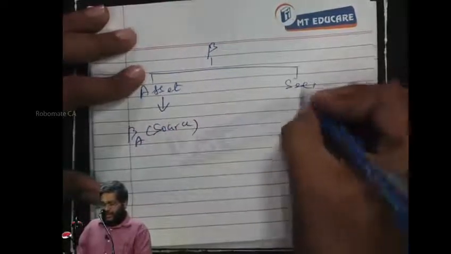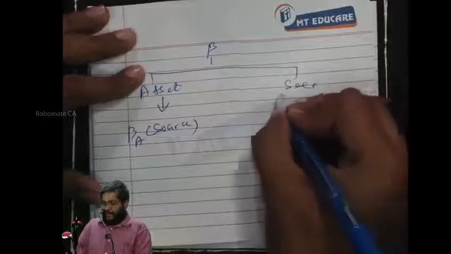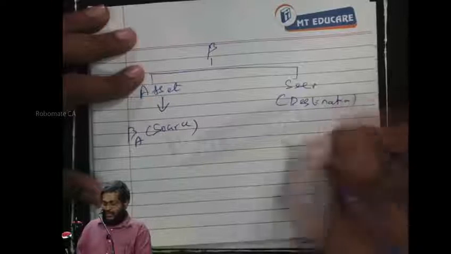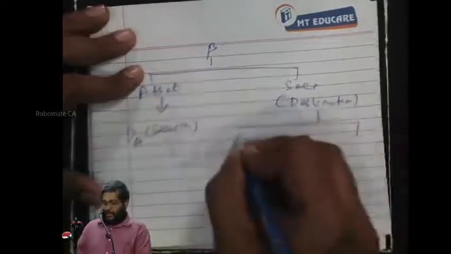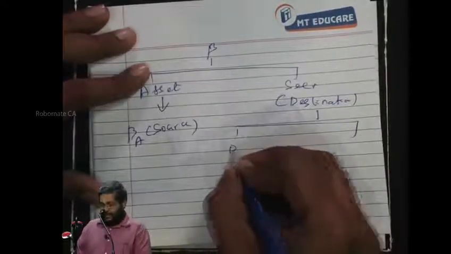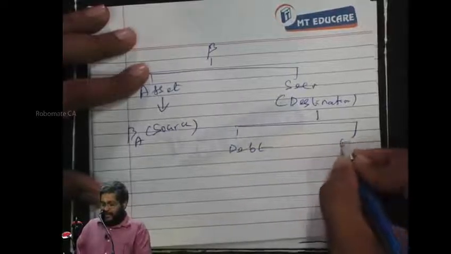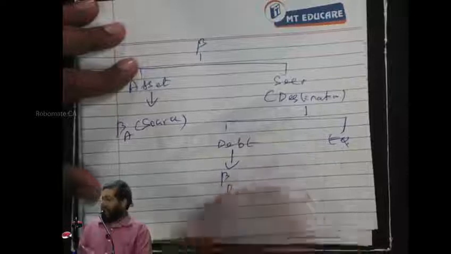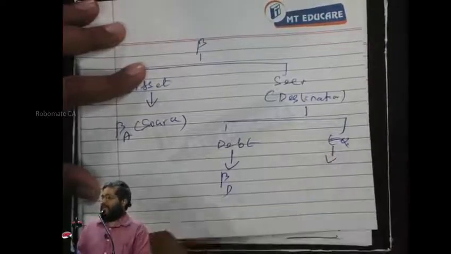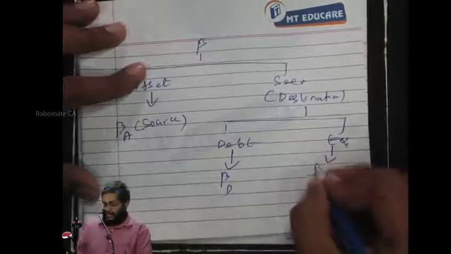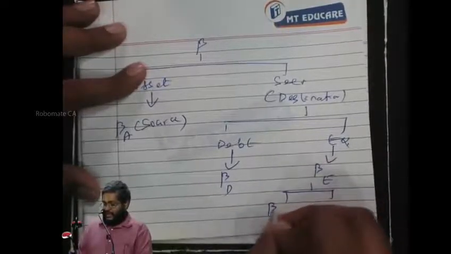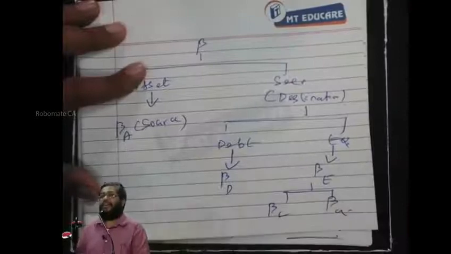Beta of security, this is the destination. It is called what? Destination beta. There are two types of securities in the company, namely what? Debt and then equity. There is a beta for debt, then there is a beta for equity, which you call what? Equity beta, which is further classified into two types, levered beta and unlevered beta.